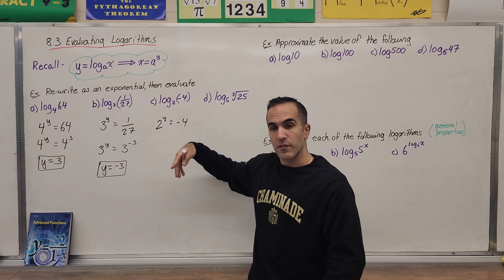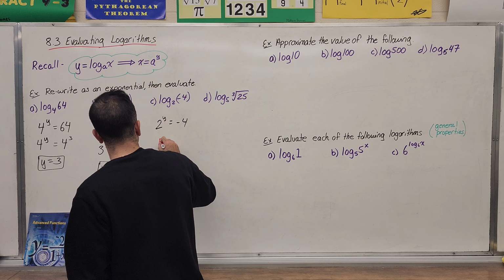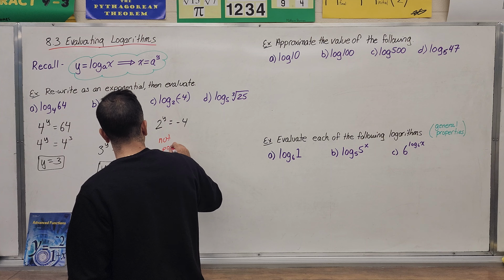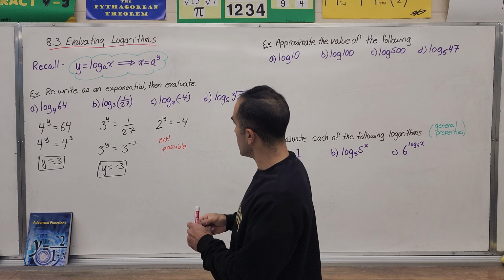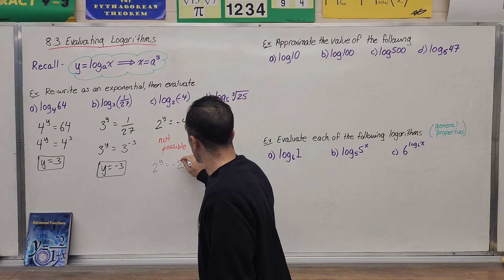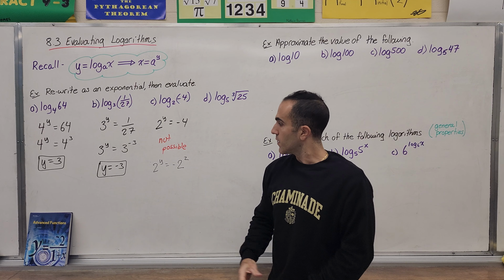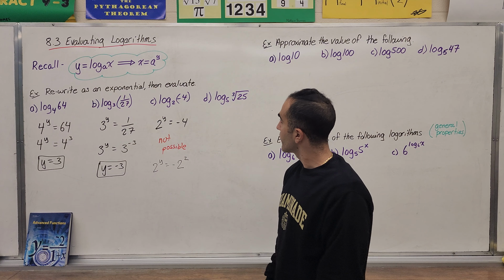That base would have to be negative, but we don't do that. So this is actually not possible. Okay, there's nothing I can do to get 2 to the y equal to a negative 2 to the 2. Like y would equal 2 if this was negative, but there's nothing I can do there.